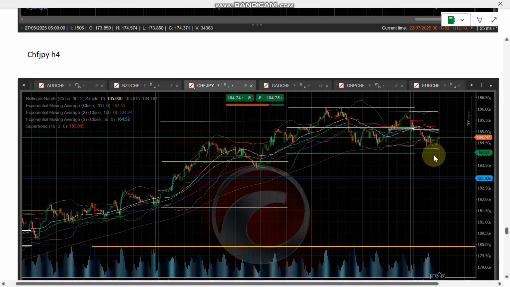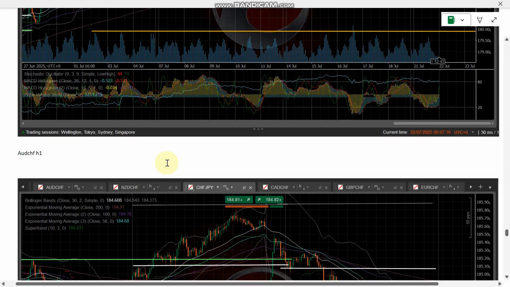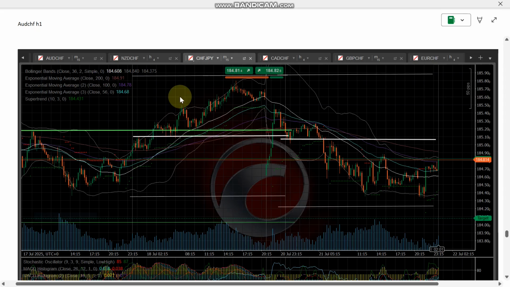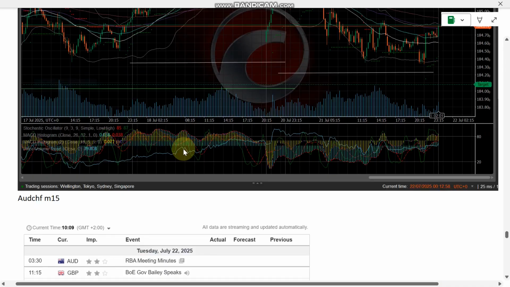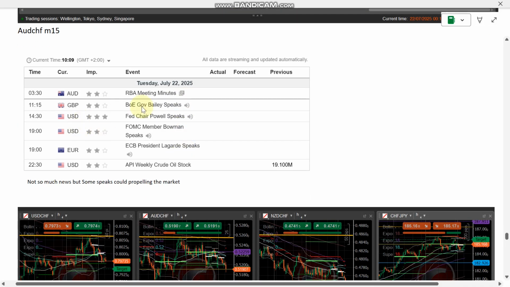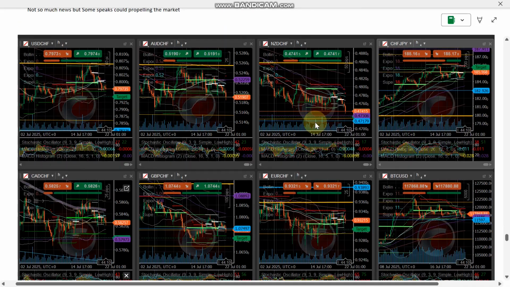Below here is a buy. Swiss franc JPY, if they don't come below here, they buy first. To follow this is like a FOMO for me, so I didn't do anything. That's the news, 22nd July. Far away.